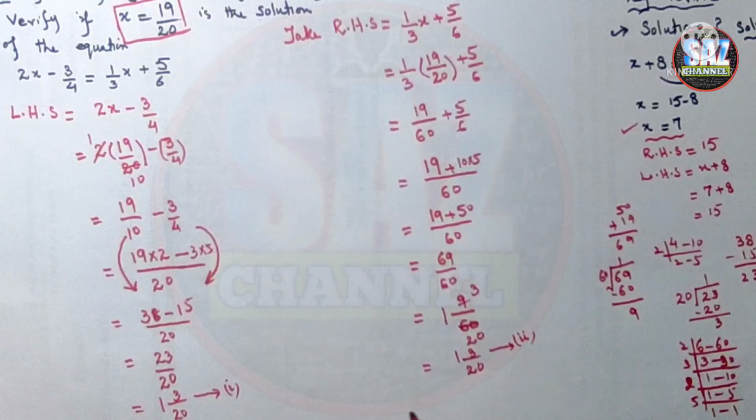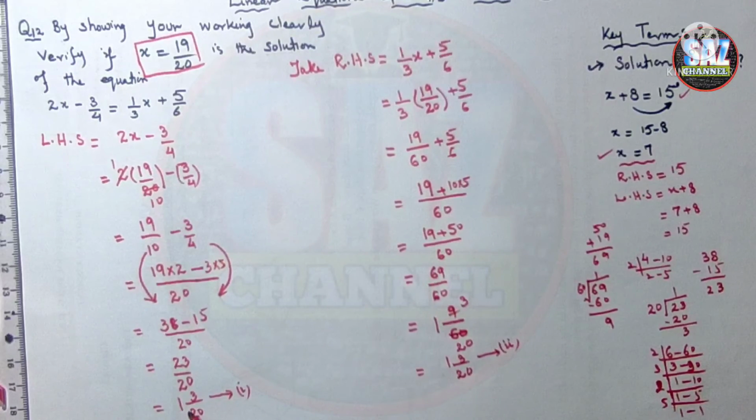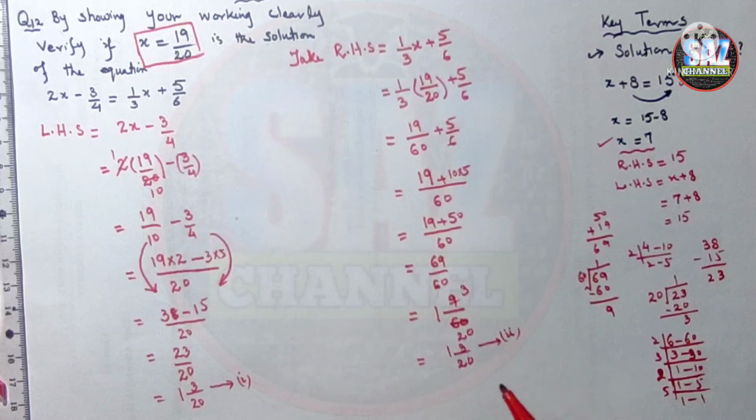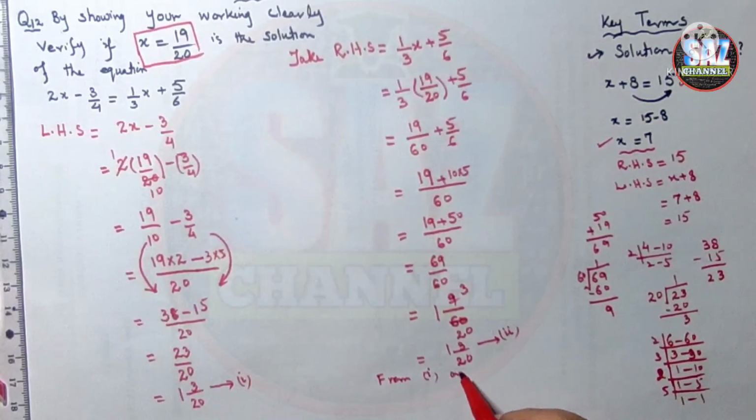Okay, if we compare the answer of the left hand side and the answer of the right hand side, both answers are 1 whole 3 by 20. So from 1 and 2, we can see that left hand side equals right hand side.